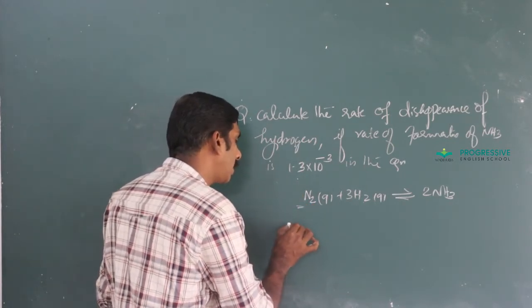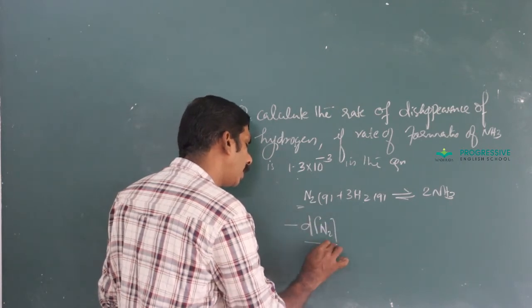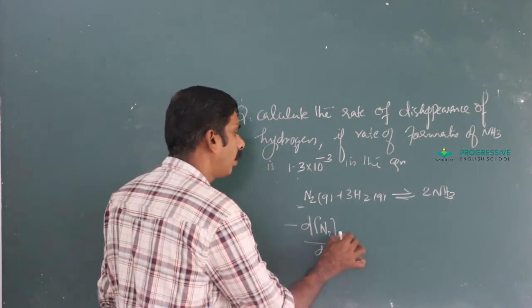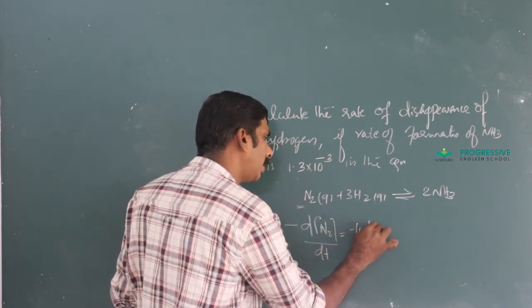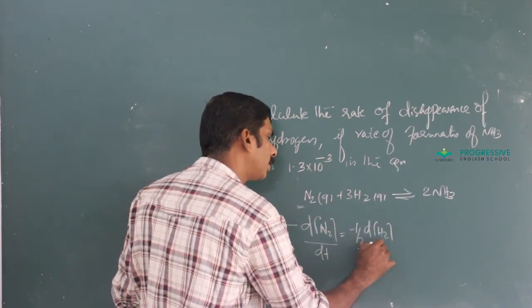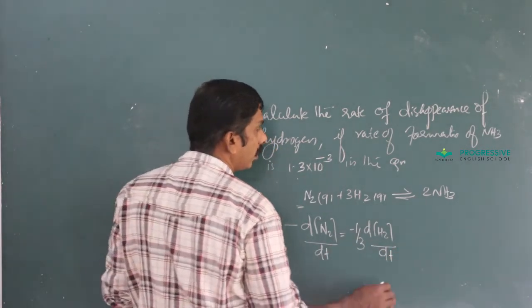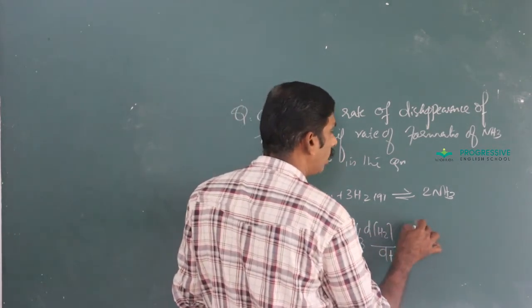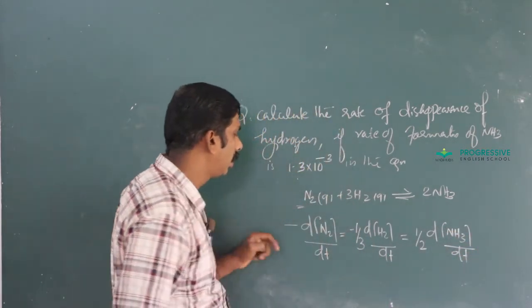Therefore, instantaneous rate equals minus dN2 divided by dt, equal to, here the coefficient is 3, minus 1 by 3 dH2 by dt, equal to, here on the product side, 1 by 2 dNH3 divided by dt.